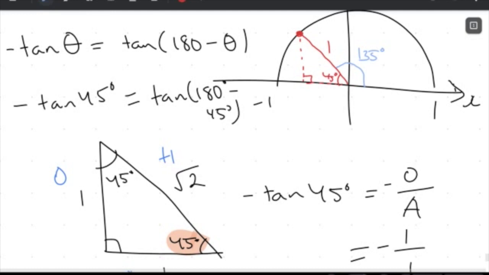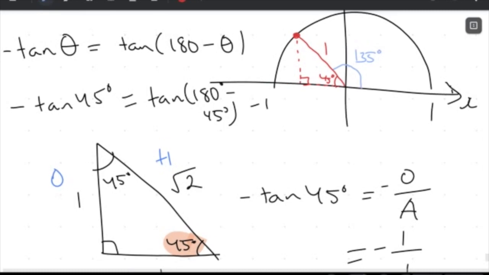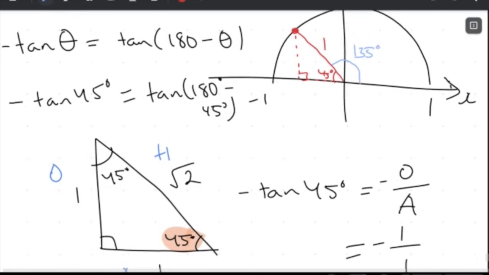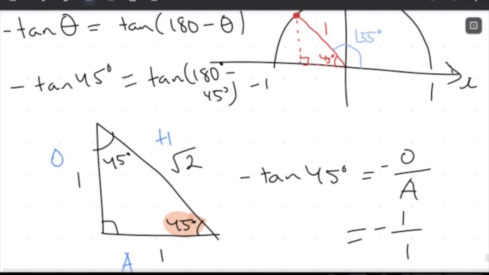So we have 1 here. If we scaled this triangle down a little bit, instead of being 1, 1, root 2, we would still get the same ratios happening.